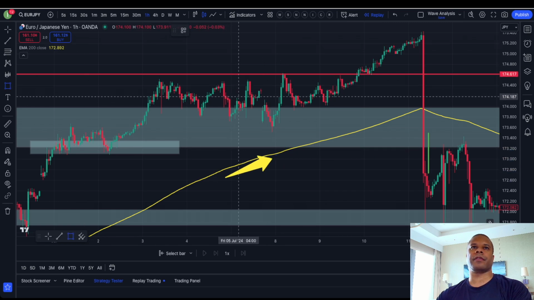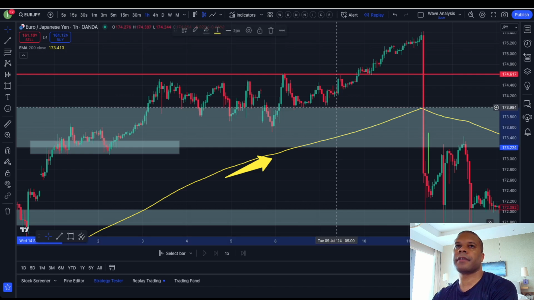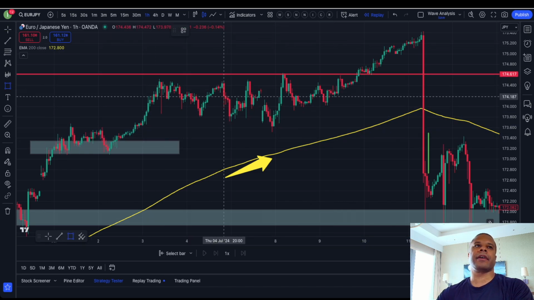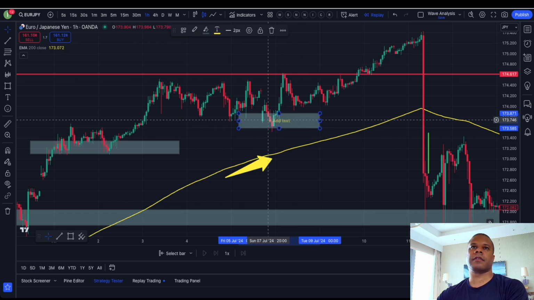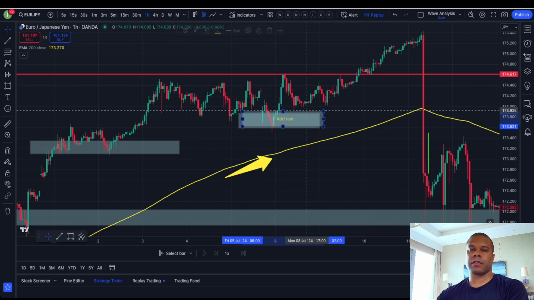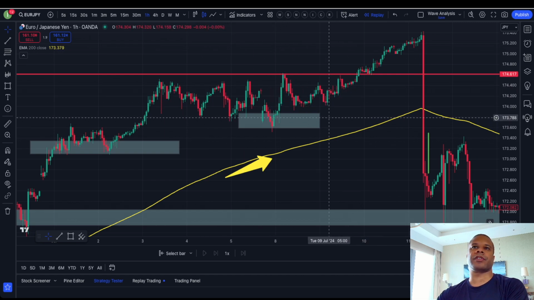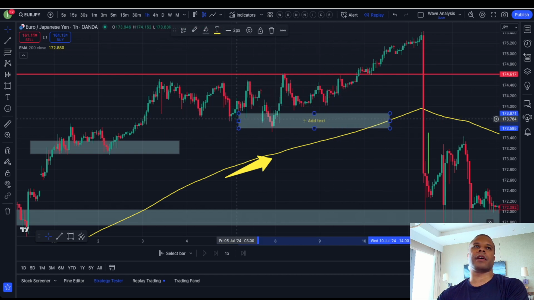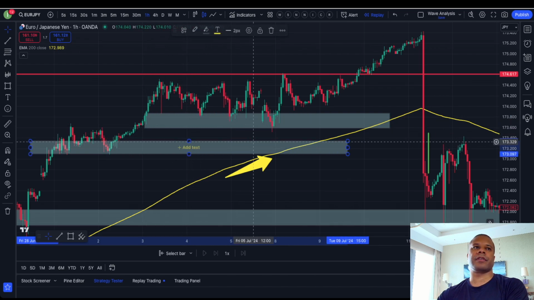So we could either say this was a start or here. So let me show you. So let's actually do this. Let's delete this. We could say this was the start of the next run, or we could say this was the start of the next run. I want to say here, this was the start of the next bullish run. So to me, these are my supply and demand zones, right?